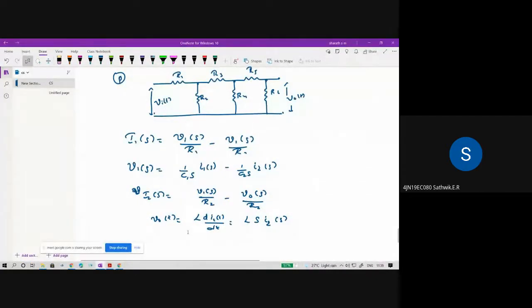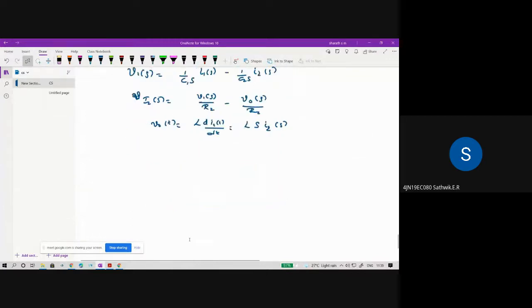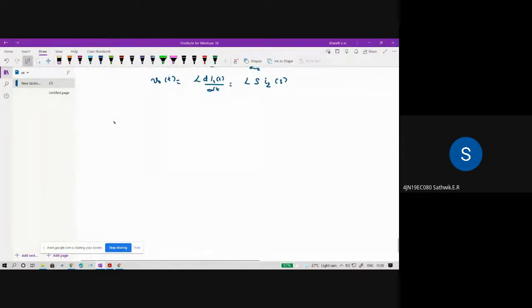I1 of t is equal to Vi of t minus V1 of t divided by R1. Tell me the Laplace equation. Vi of s minus V1 of s by R1, that is Vi of S divided by R1 minus V1 of S divided by R1.